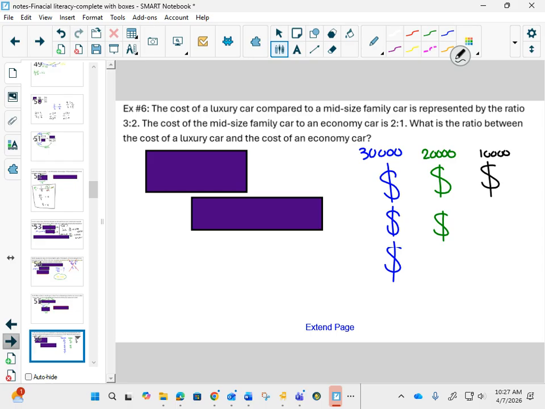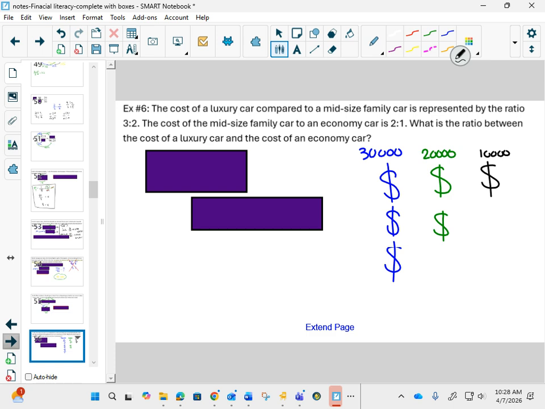So I used the dollar signs to show the ratio of 3 to 2 to 1, but our dollar signs could be different amounts depending on how new the car was. If it was brand new, maybe those dollar signs would be $30,000 each.